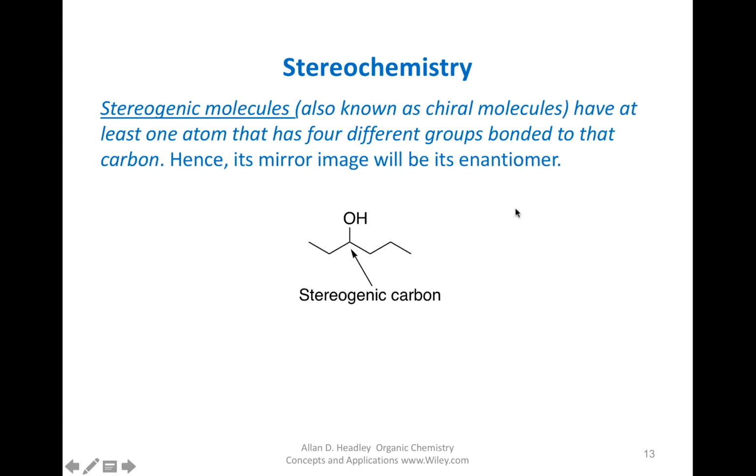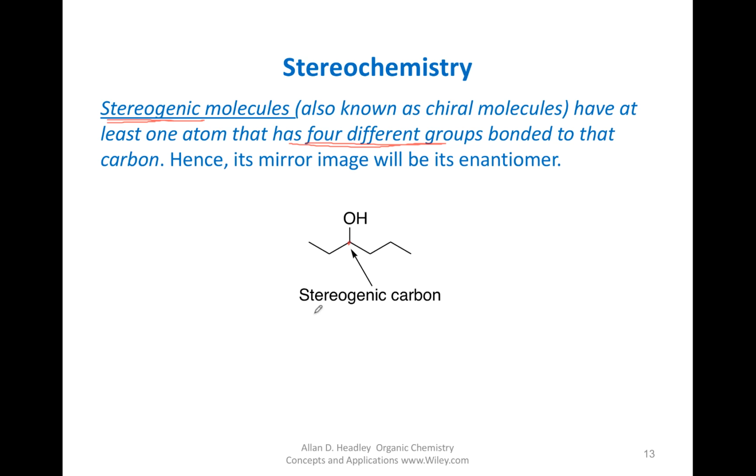Okay, so let's look at another term here, and this is stereogenic molecules. This is another term that we'll use. A stereogenic molecule is one that has a carbon that has 4 different groups bonded to that carbon. Its mirror image will be different from the molecule, and therefore it will be the enantiomer.